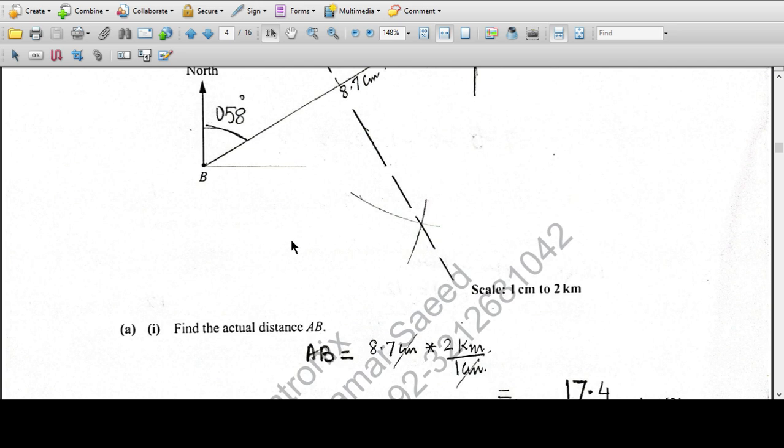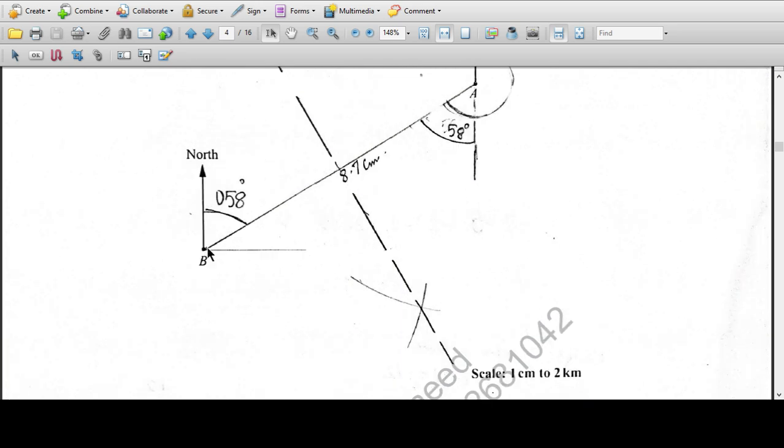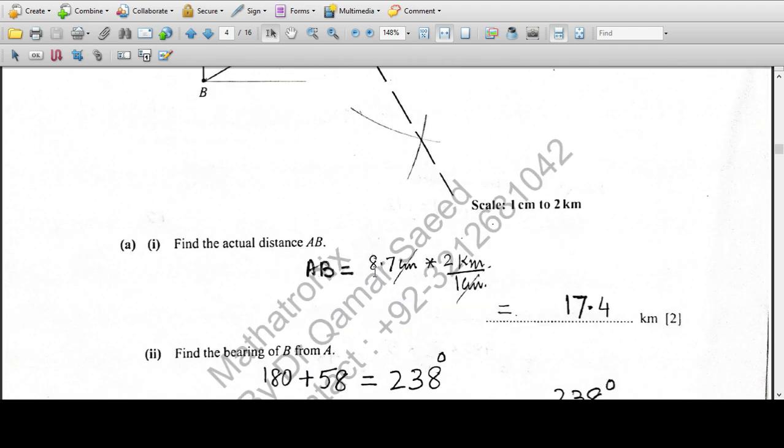So we use a ruler to measure this distance in centimeters, which is 8.7 centimeters. So AB is 8.7 centimeters, and we know that 2 kilometers is equal to 1 centimeter. So this is the scale.